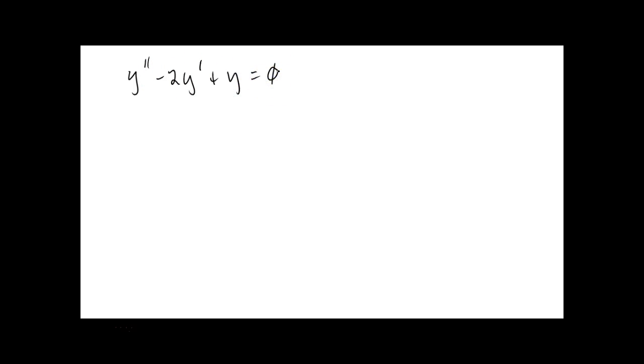Now, they're proposing a solution: y is equal to x e to the x. So how are we going to verify that that function is a solution for that equation?